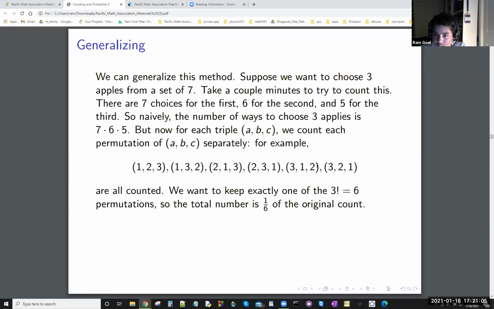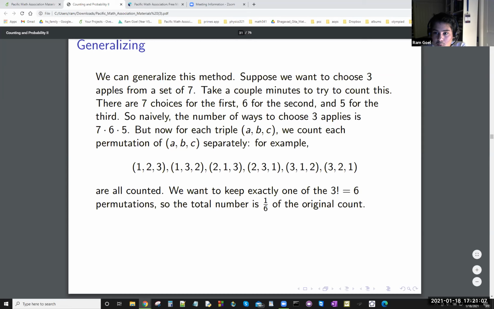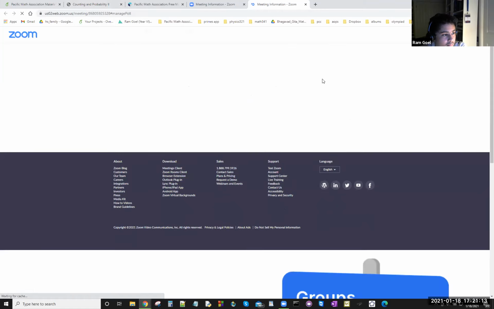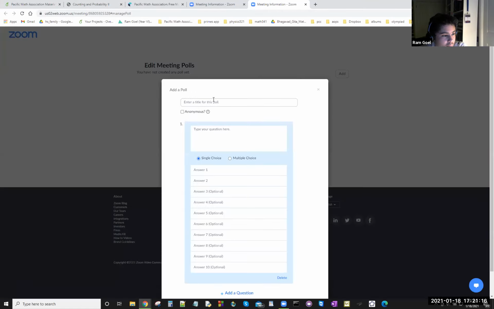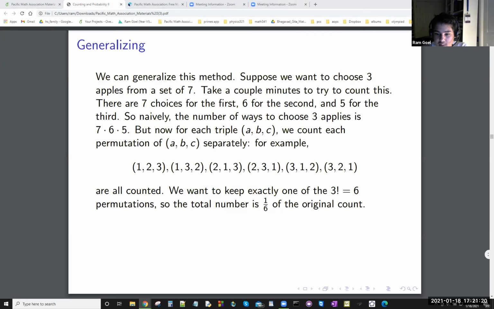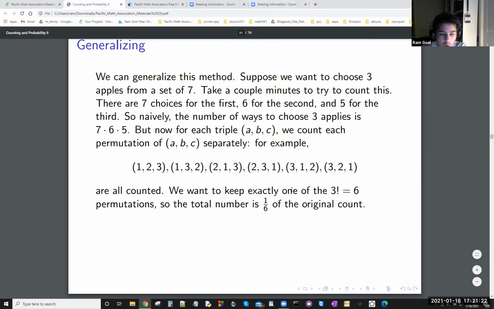Does that make sense? I'm going to try and make a poll to see if that made sense. Maybe I'll do this next time. But yeah, did that make sense to everybody? Why we're taking 1/6?